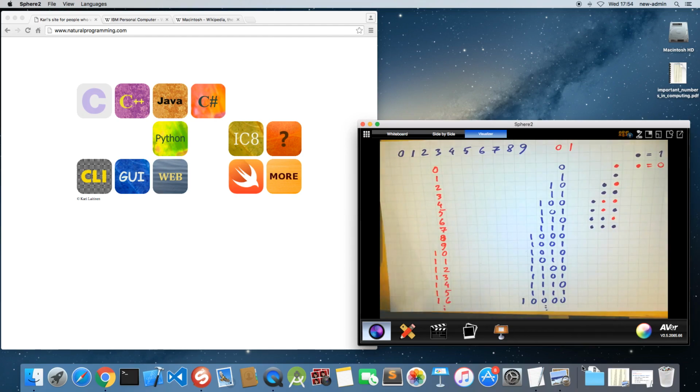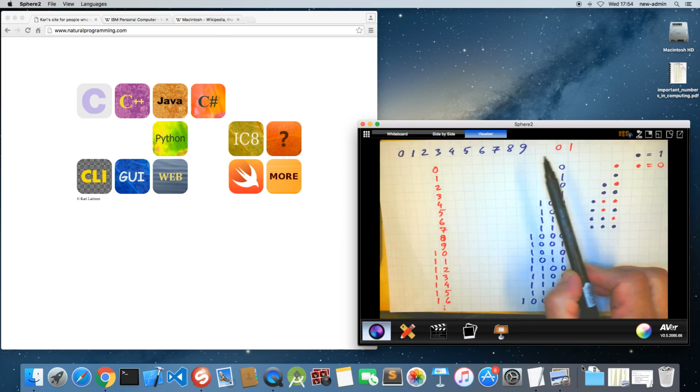So I could continue it like this, but you can see that the pattern is the same.